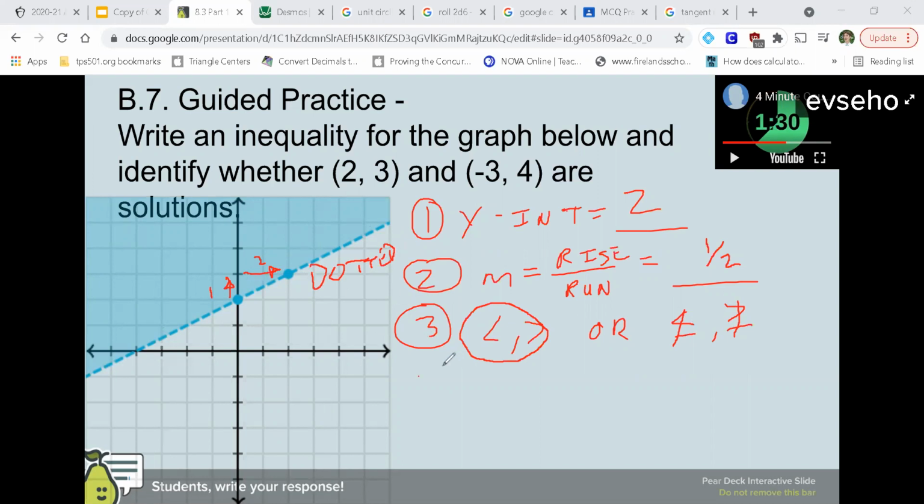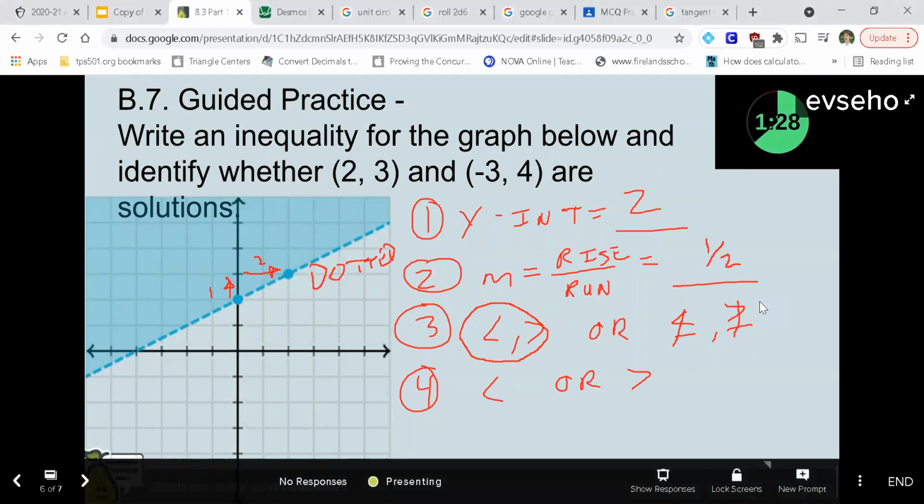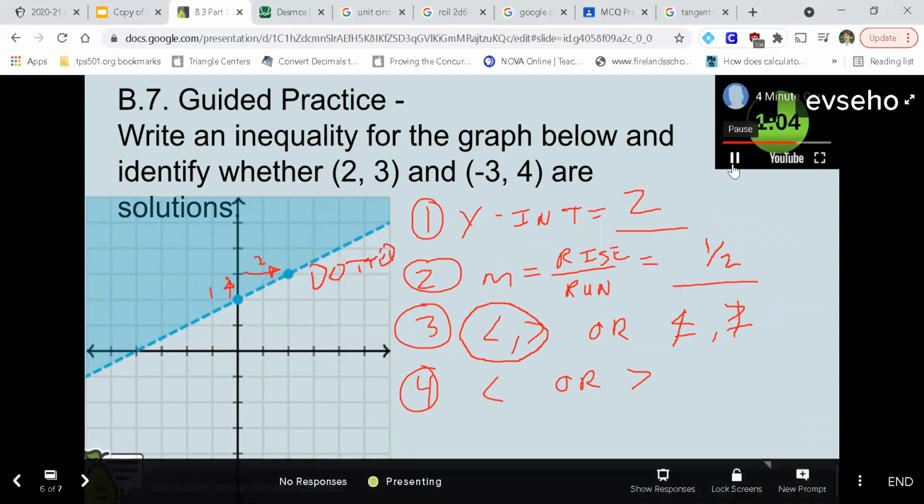Okay, last question before we ask one more question. Is it then less than or is it greater than? 30 seconds. That's the first, wasn't it? All right, what do we think? Less than or greater than?